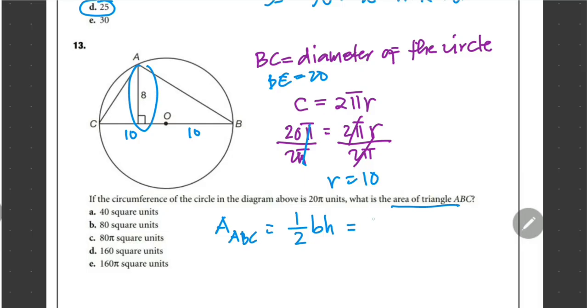So we just plug in everything. 1/2 times the base, which is 20, times the height, which is 8. 20 over 2 is 10. 10 times 8 is 80. So this is 80 square units. Okay, the answer here is letter B.